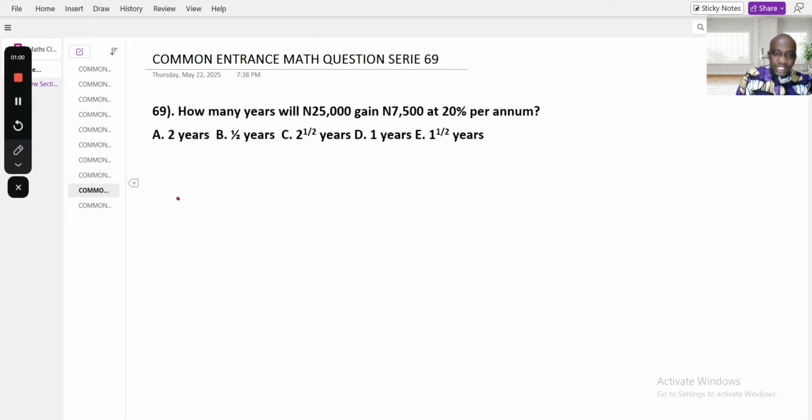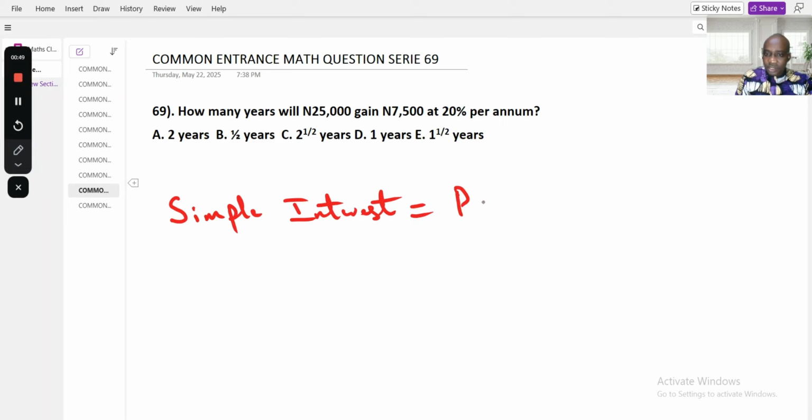The formula for the simple interest is principal times rate times time over 100. Now the question has given us the simple interest. When you invested 25,000, you make a gain of 7,500. That's the interest you have gained already at 20 percent.